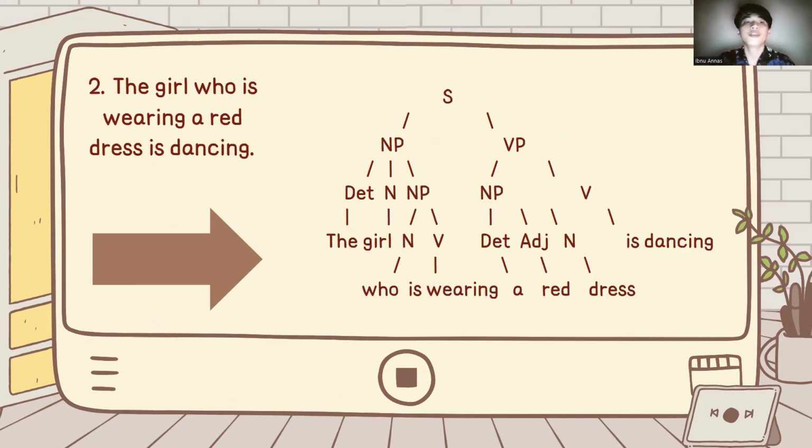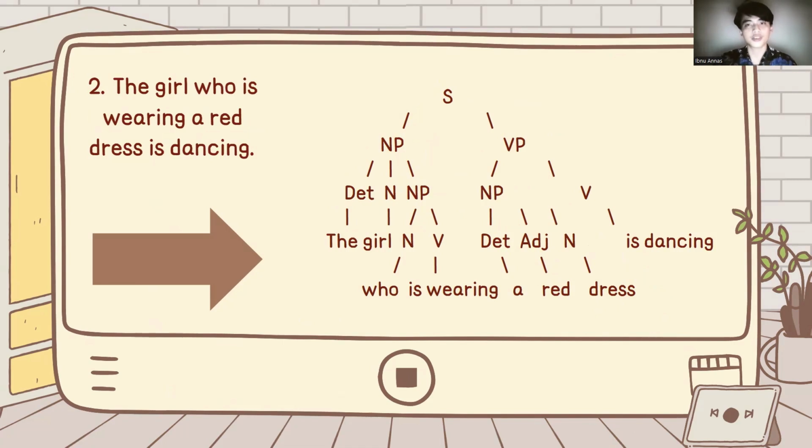Next one: The girl who is wearing a red dress is dancing. In my opinion, this sentence shows a complex subject, the girl, modified with a relative clause, who is wearing a red dress. But the main verb is dancing.